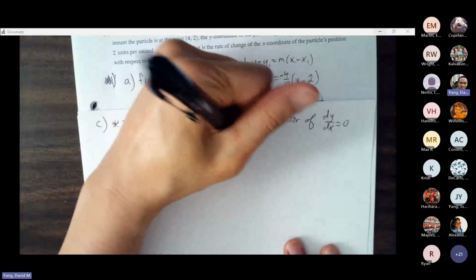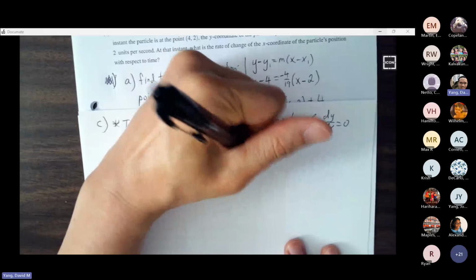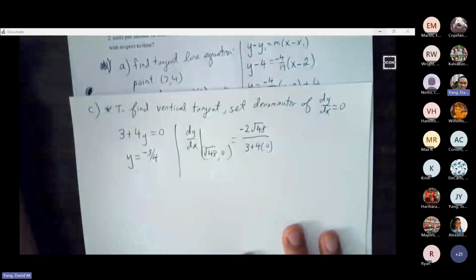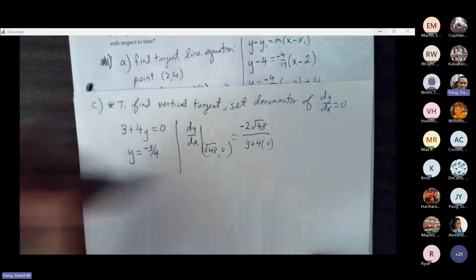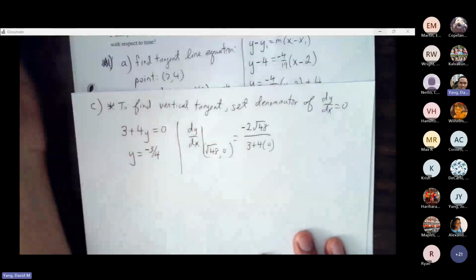But I get -2 times root 48 over 3 plus 4 times 0. And this is clearly not giving me 0 in the denominator. I still have a 3 left in the denominator.